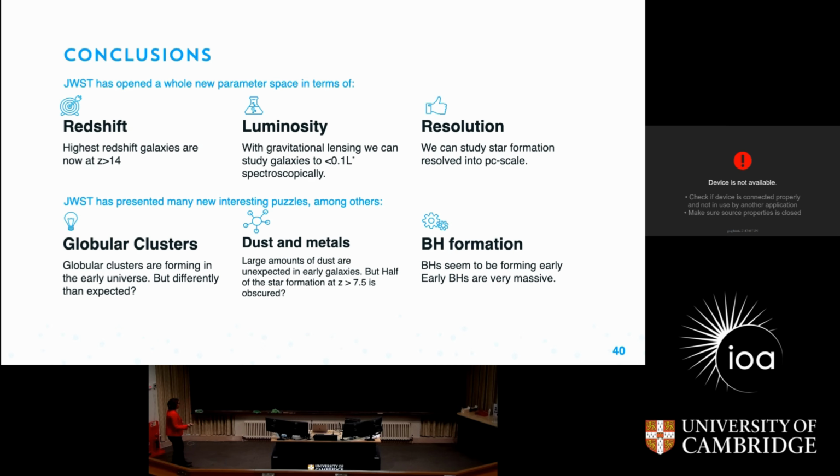There is dust in the early universe, and there are metals. Large amounts of dust were unexpected, I should say, in early galaxies. Half of the star formation at redshift bigger than 7.5 is obscured, and near and dear to many of you in this audience is black hole formation. Black holes seem to be forming early, and they are very massive, which also gives us a new avenue to start to think about how they actually formed. And I'll stop here.